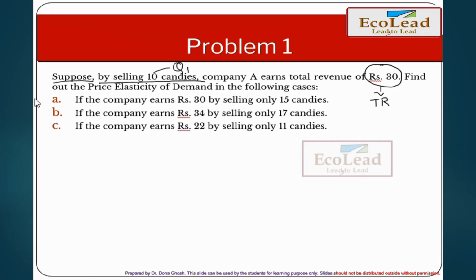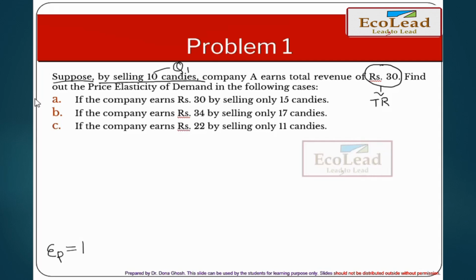Now, if you look at the information given, it is on total revenue. So, here we can use the formula of the price elasticity, which we denote by EP. It is the total expenditure or total revenue method that we can employ here.